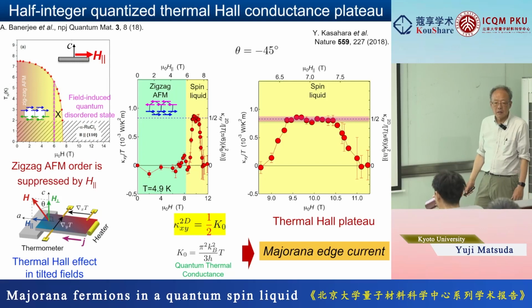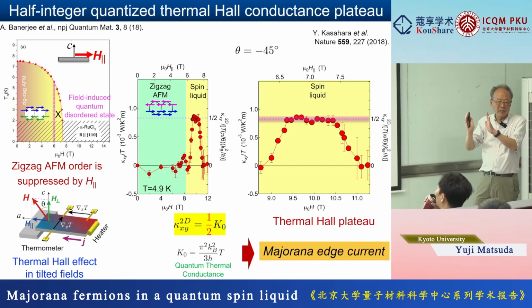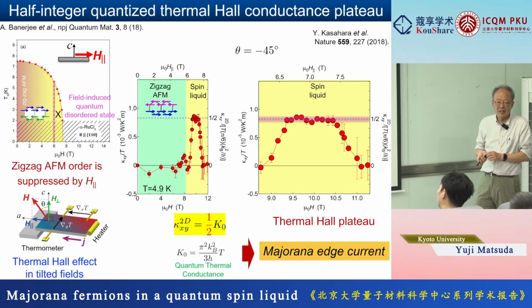For an ideal system, actually there is no prediction of at which magnetic field quantization occurs. The magnitude might be larger.